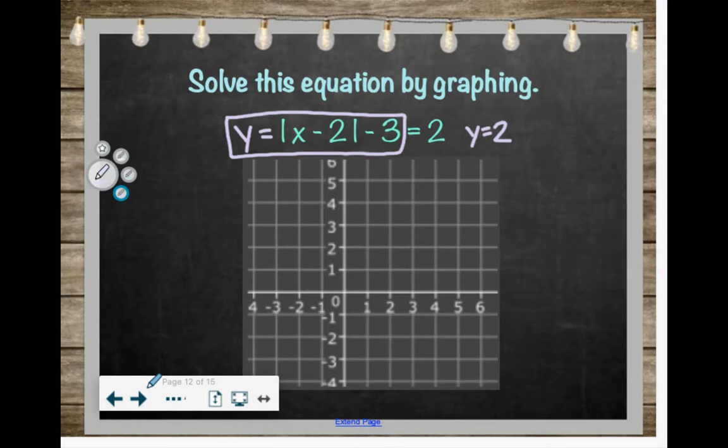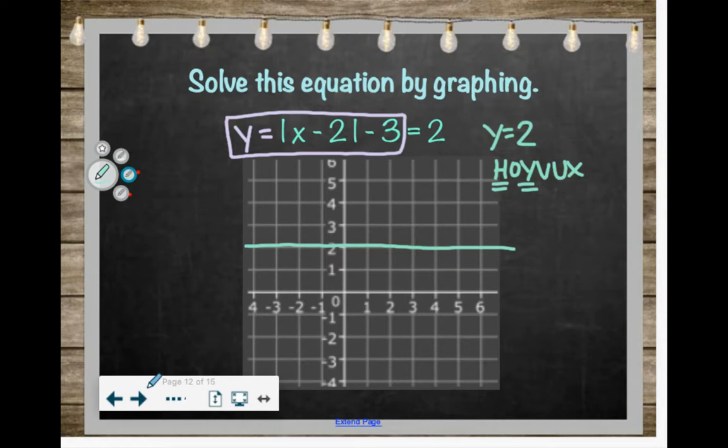And actually, I'm going to go ahead and do the y equals 2 in the greenish color. Y equals lines are horizontal. So I'm going to go to y equals 2 horizontally. There we go.